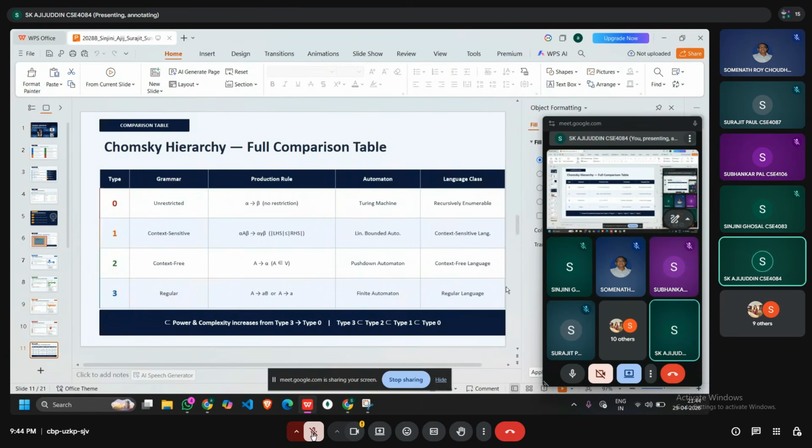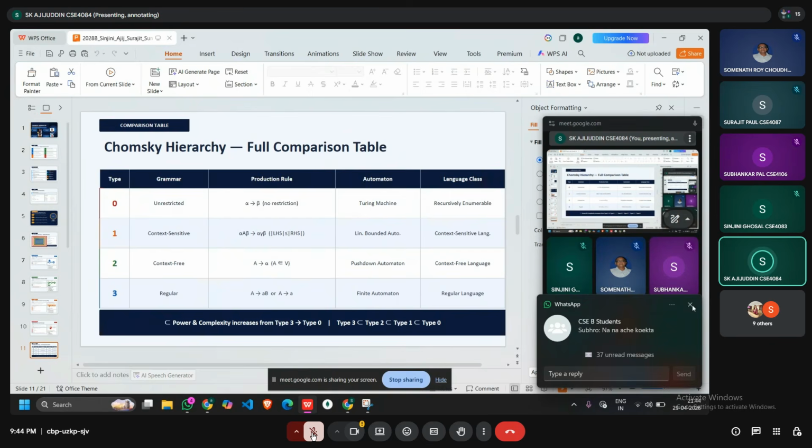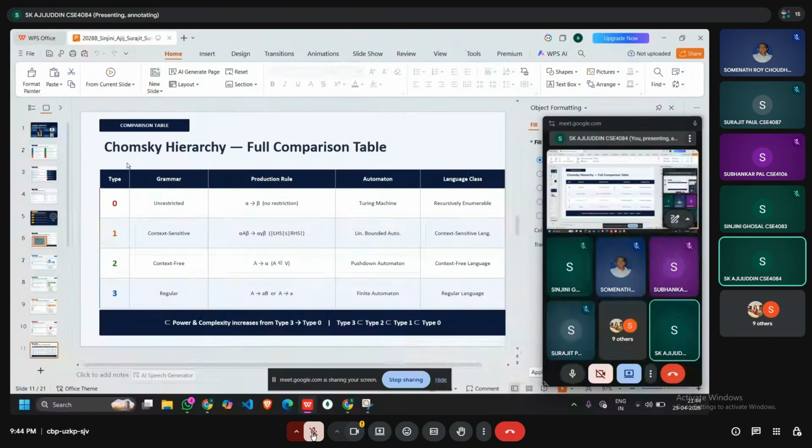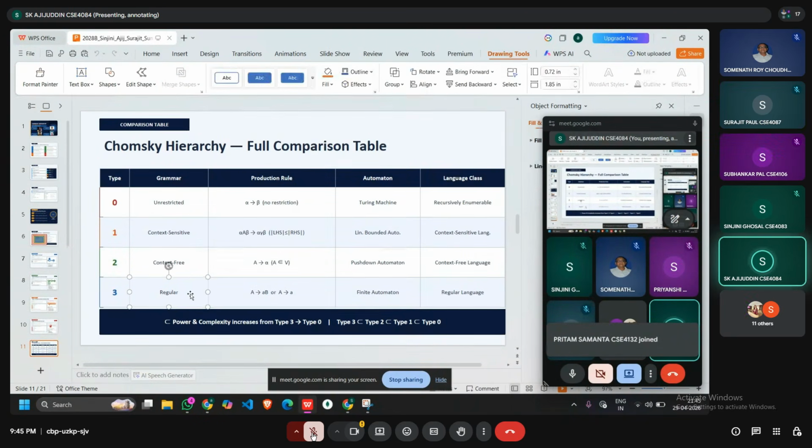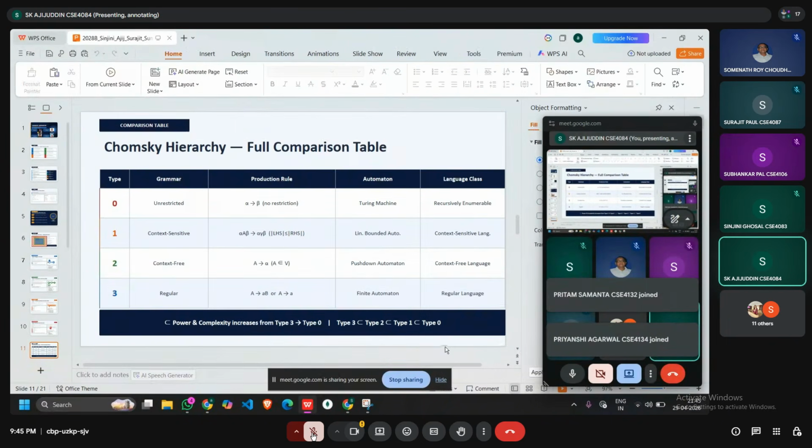After that, we have the comparison table. Here you can see the grammars: unrestricted, context sensitive, context free, and regular, which are type 0, type 1, type 2, and type 3. The machine used for regular grammar is the finite automaton, FA. After that, context free grammar uses the pushdown automaton, context sensitive grammar uses the LBA, which is the linear bounded automaton, and unrestricted type 0 uses Turing machines.